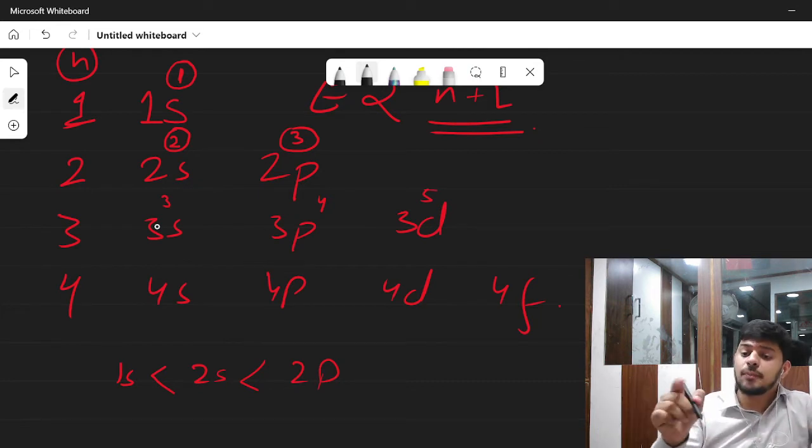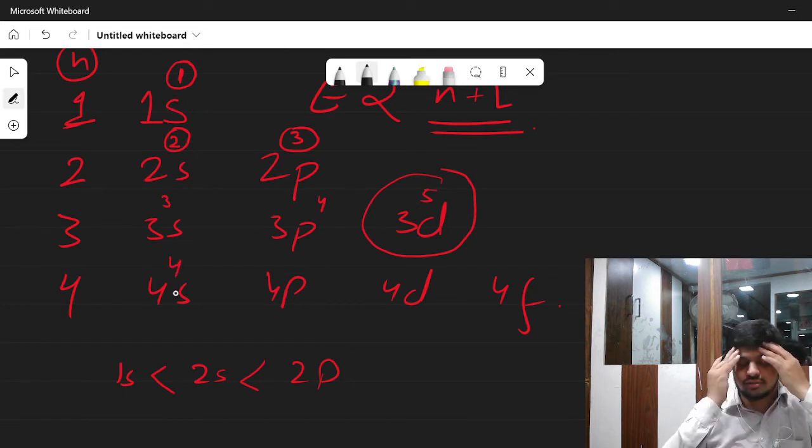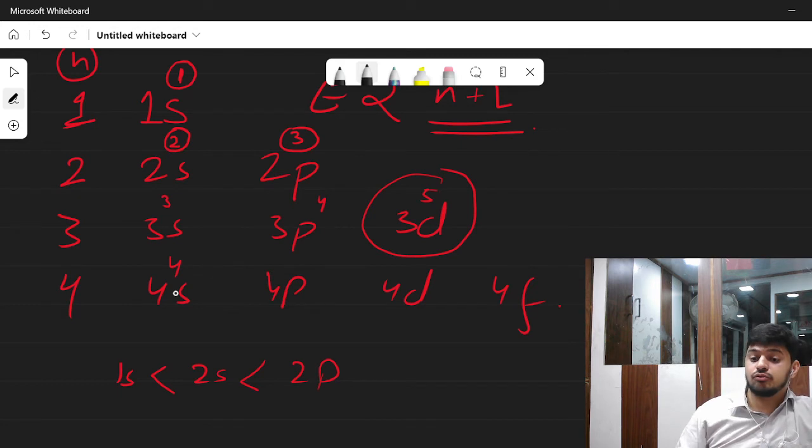Okay, now the problem will arise. See, this was 5, but for 4s, 4 plus 0 is 4. What happened? 5 was here and now 4 came again.